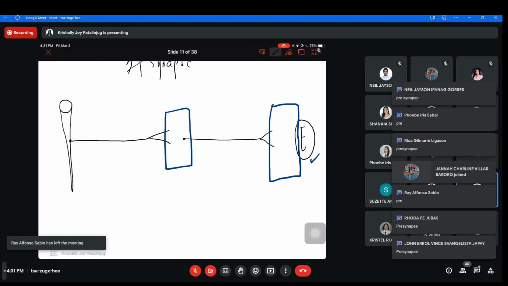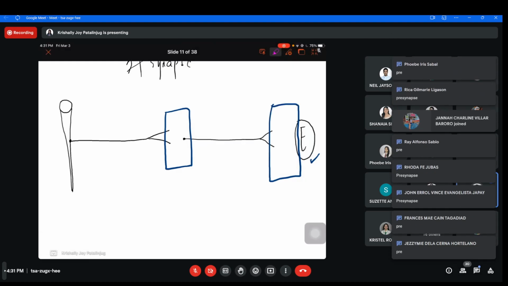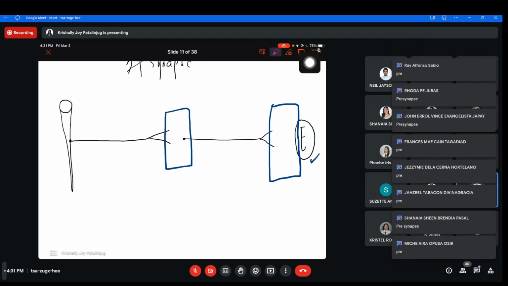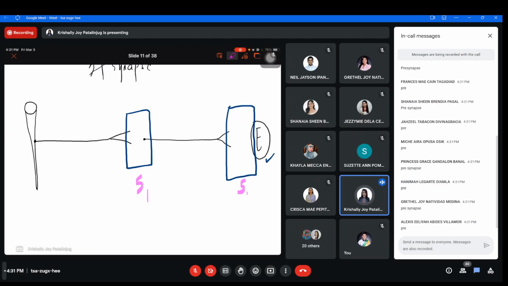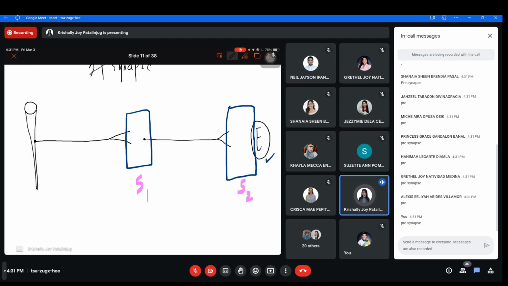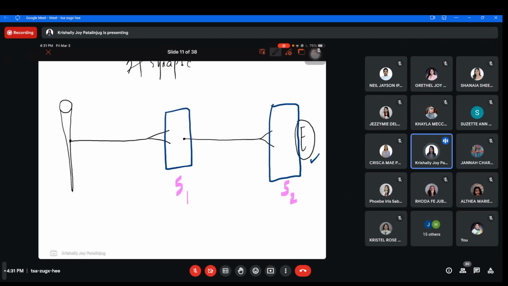All the boxes, the blue boxes, are the synapse. You have synapse 1 and synapse 2. This is the interface or area of connection between two structures. That's how we define synapse.